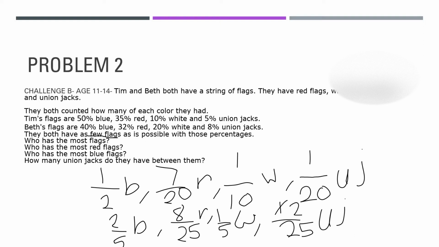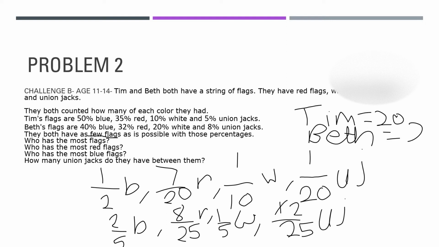So we know Tim has 20 flags, okay? And now Beth has 25 flags, because if you see there's 5 and 25 and 25, so that's 25. So our first question has been answered now.